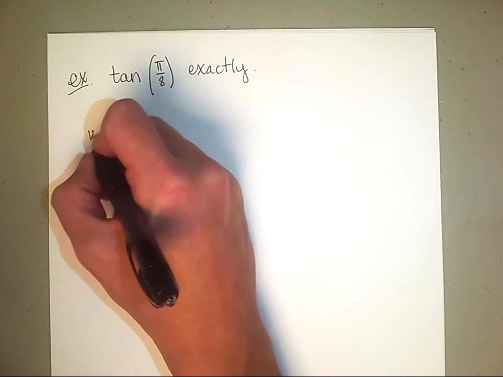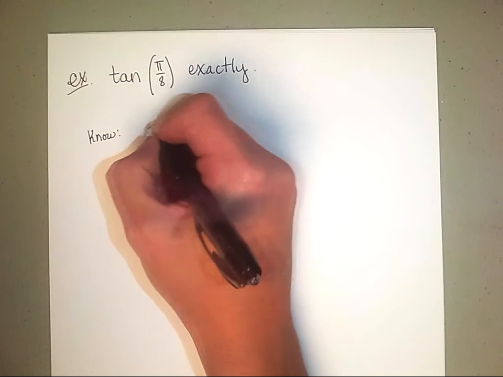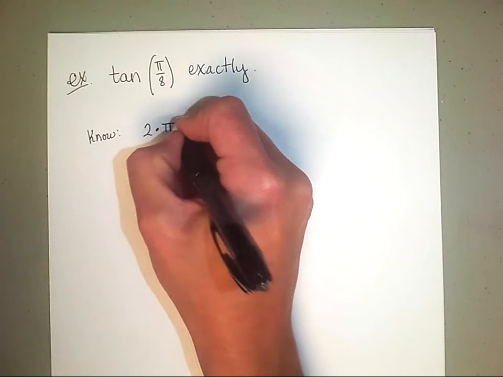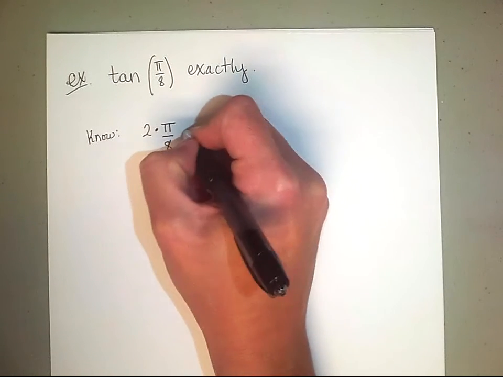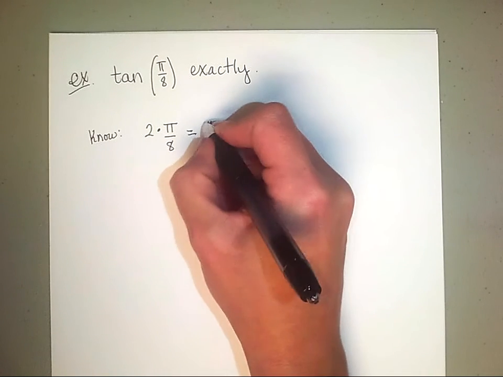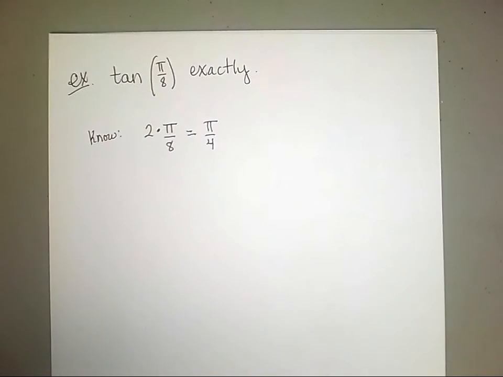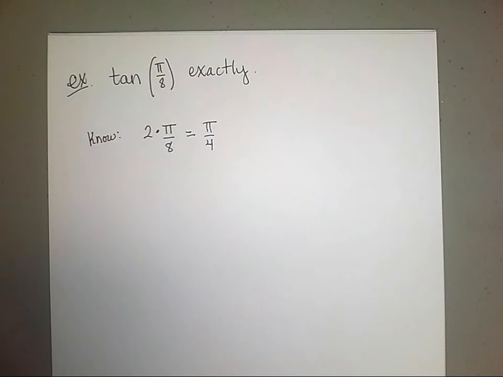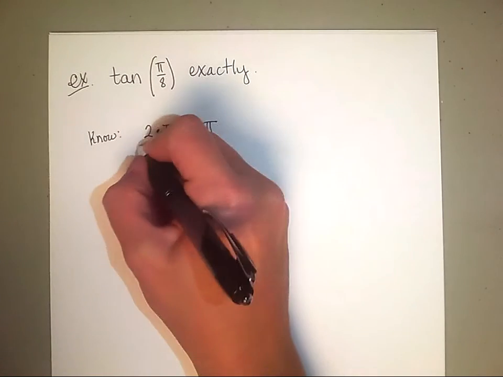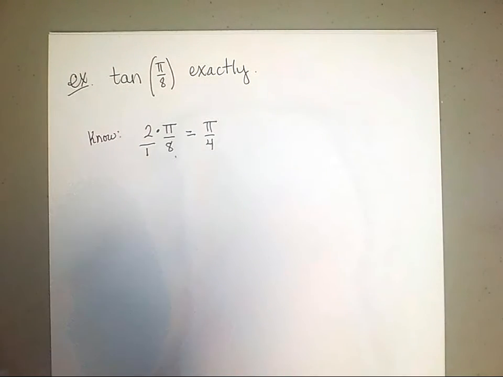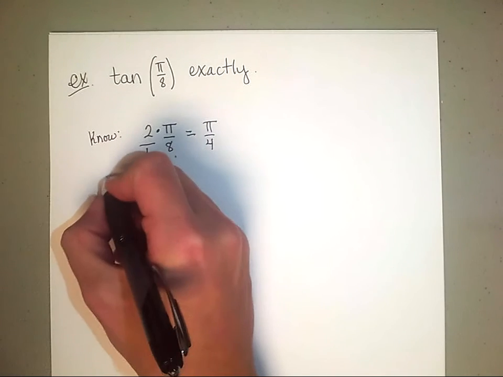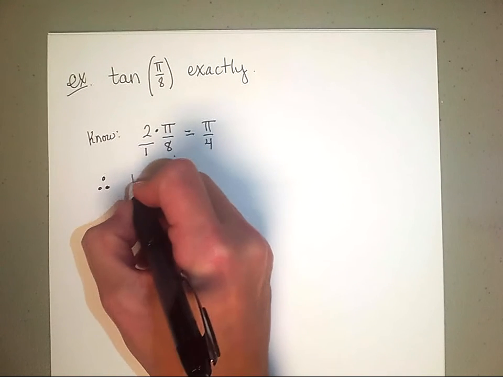Alright, so we know this. We know if we took 2 times pi over 8, that this would cancel and we would get pi over 4. Okay. 2 over 1 would cancel to get to 4. Okay. So what does that mean? Well, you can think about it 2 different ways.